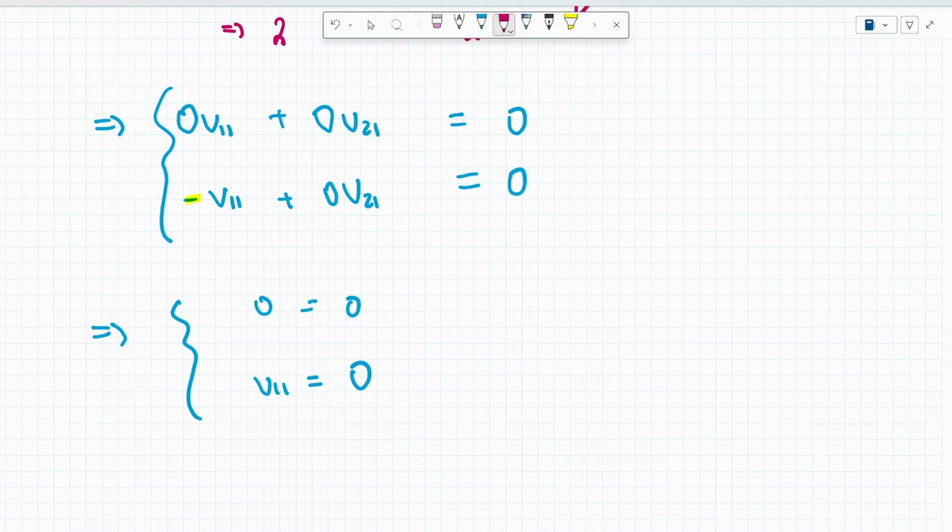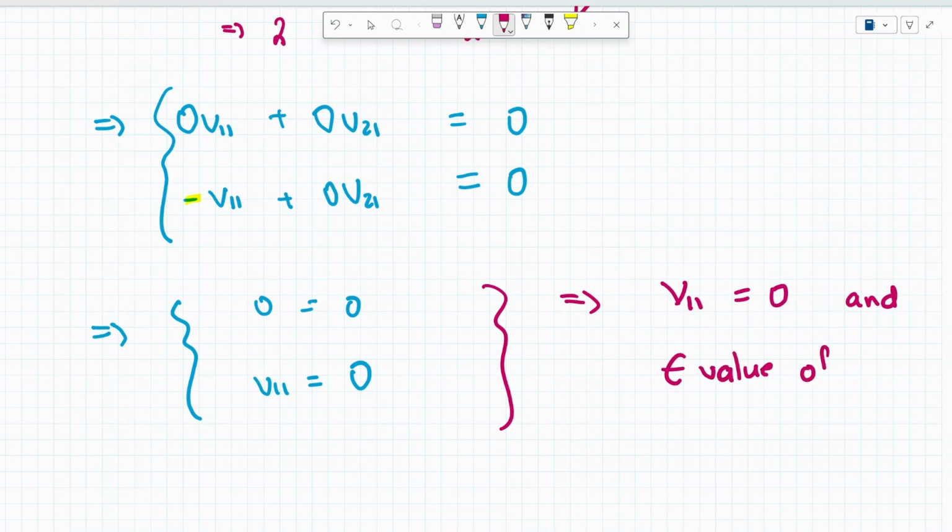Okay, so this is the important part. This tells us that this equation is satisfied for v11 equals 0 and any value of v21. So v11 is satisfied when it equals 0, and this equation is also satisfied for any value of v21.